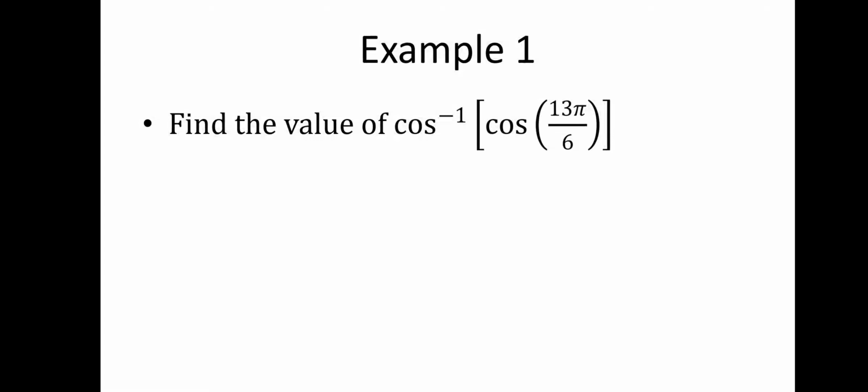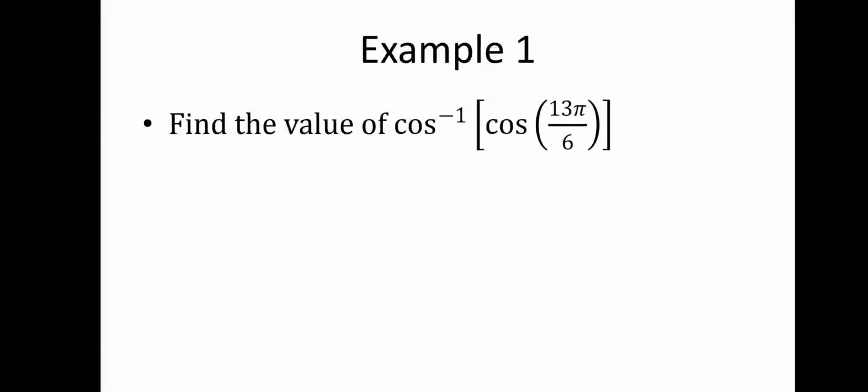Now again, this is a question which seems very simple. Cos inverse cos of 13 pi by 6. The answer should have been 13 pi by 6 obviously, because cos inverse cos theta is theta. But again we need to understand this 13 pi by 6.